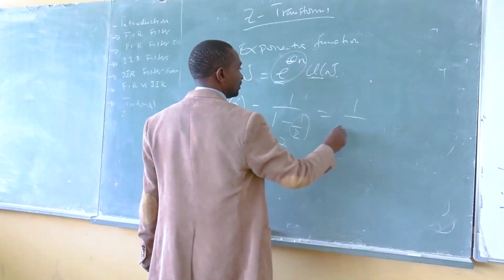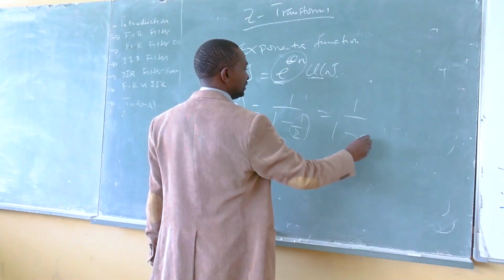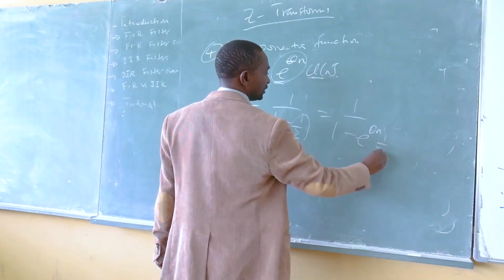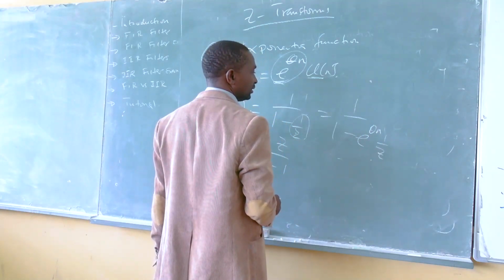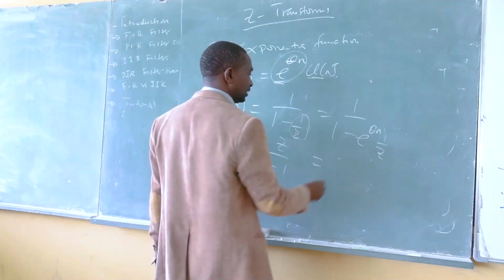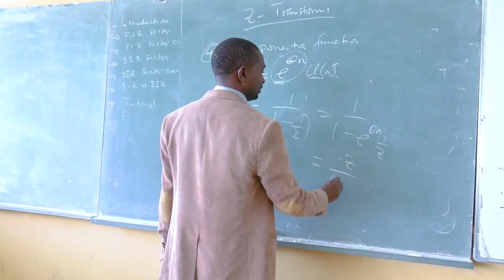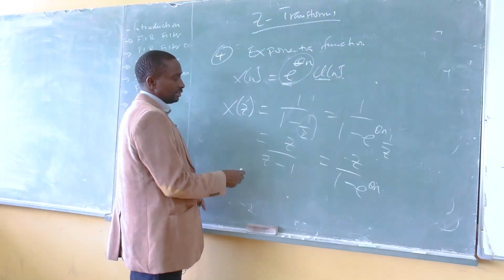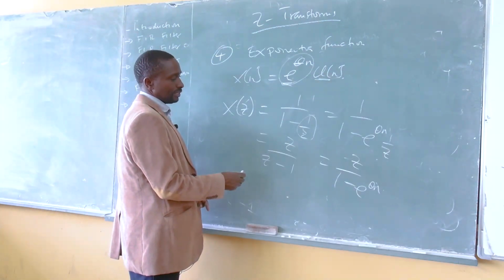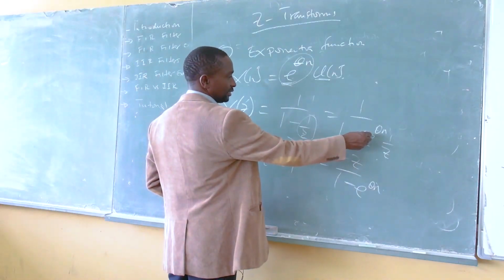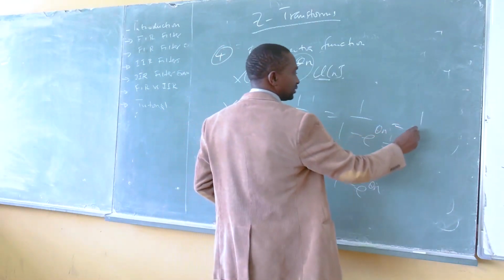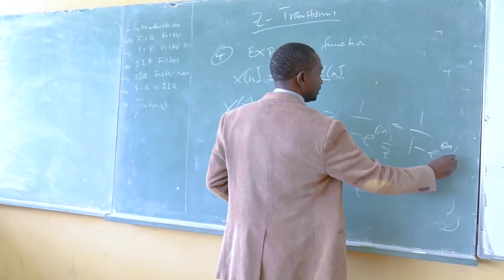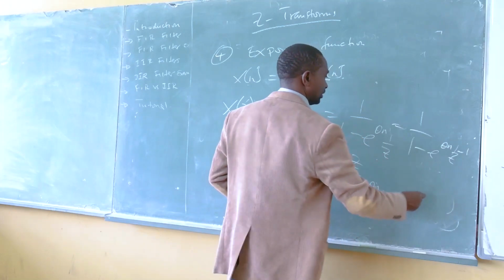This gives us 1 minus e to the power theta n times 1 over z, and then when we multiply everything, that will give us z over z minus e to the power theta n. This format can also be written as 1 over 1 minus e to the power theta n times z to the power minus 1.